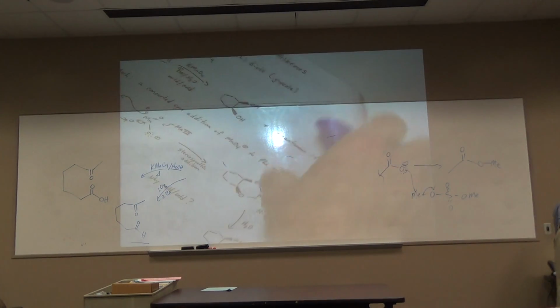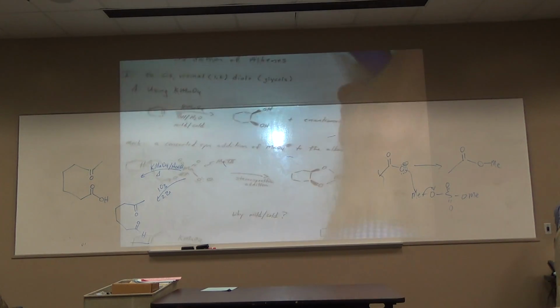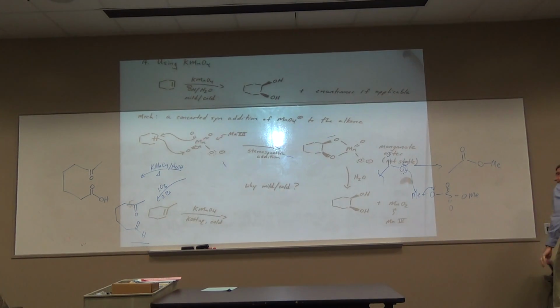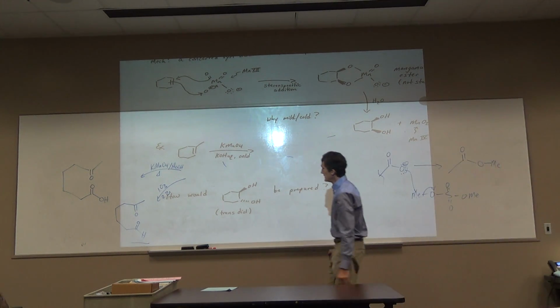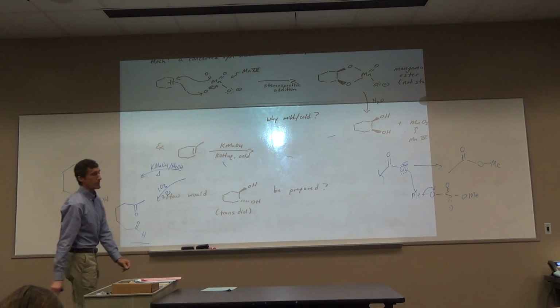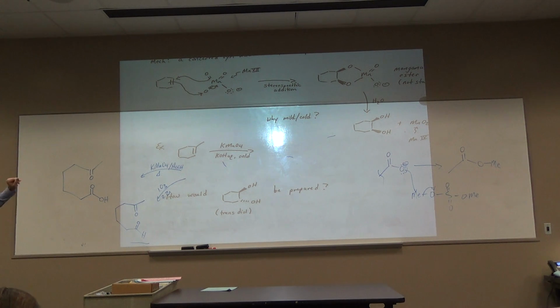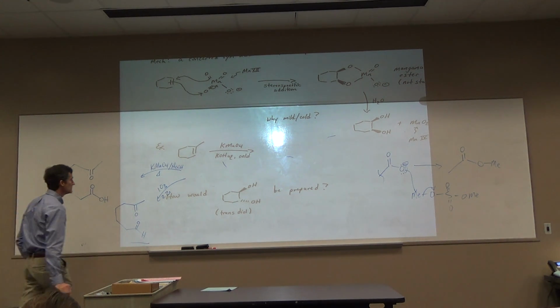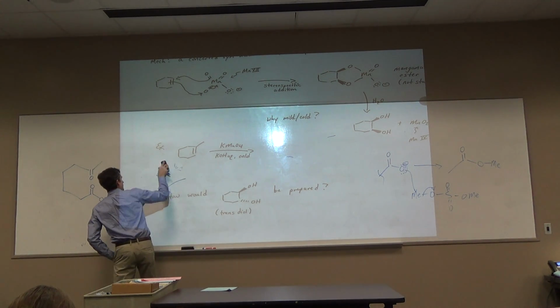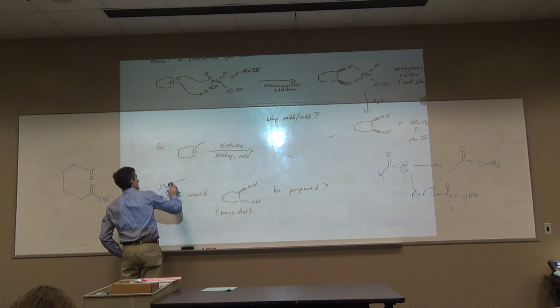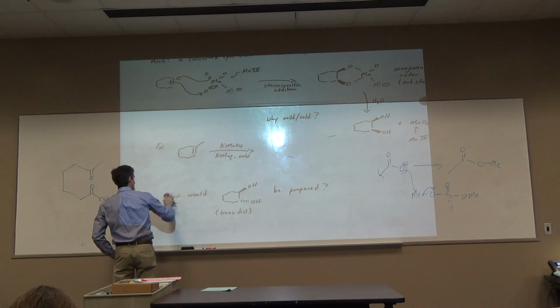Back over here. Question below over here. How would this trans-diol be prepared? Because an alkene can be converted to a cis-diol. How would you get a trans-diol? Did anybody come up with something on this one?